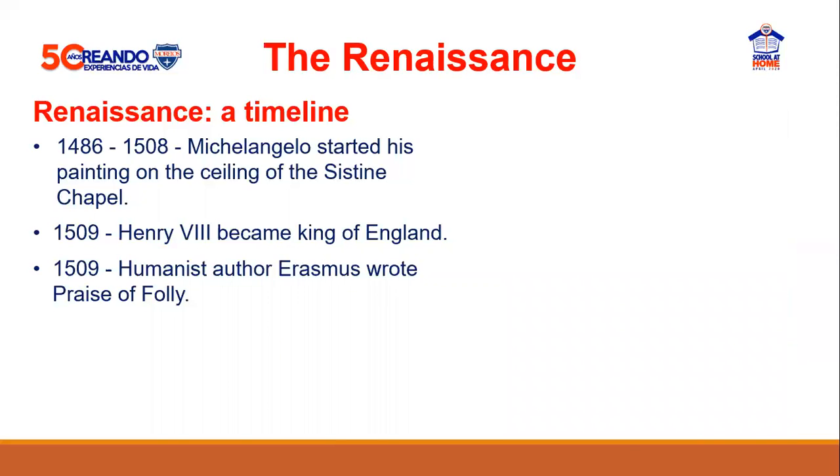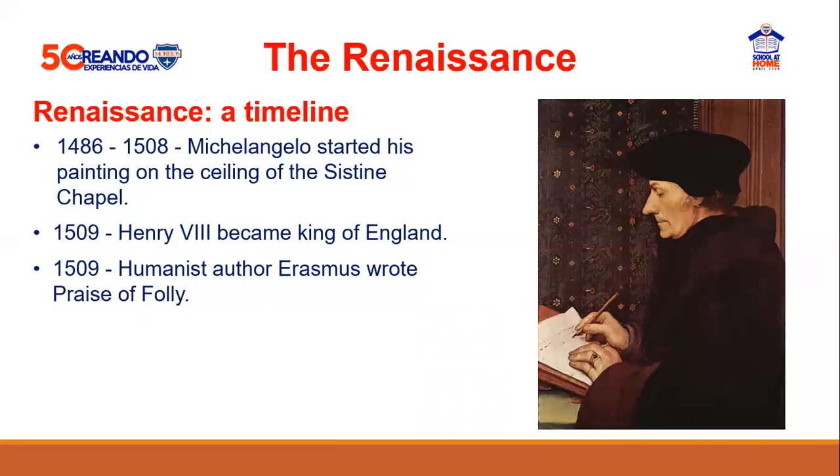Then in the same year, 1509, the humanist author Erasmus wrote The Praise of Folly. And why is that important? Because he made some sarcastic observations of the Catholic traditions. He is the one that starts questioning all the affairs going on in the Catholic Church.